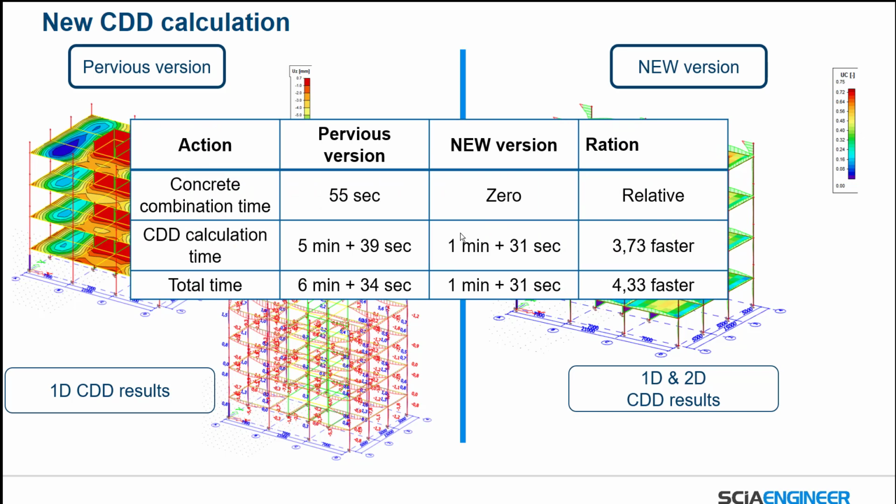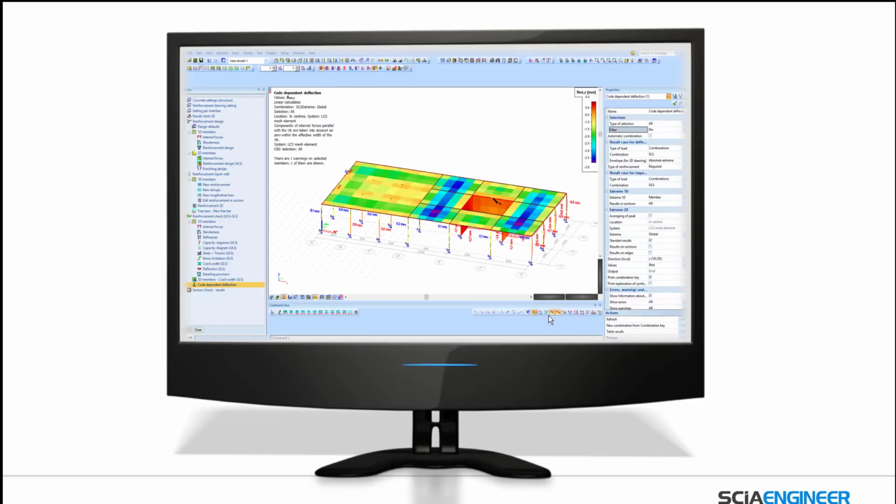From the timing point of view, generating the load combination for the CDD consumed 50 seconds from me, but in the new version all that is not required. So generally I can say that we are 4 times faster in the new CDD calculation compared with the previous one.